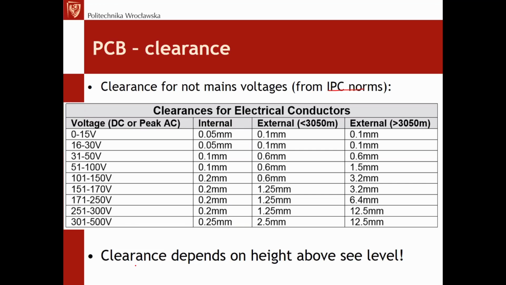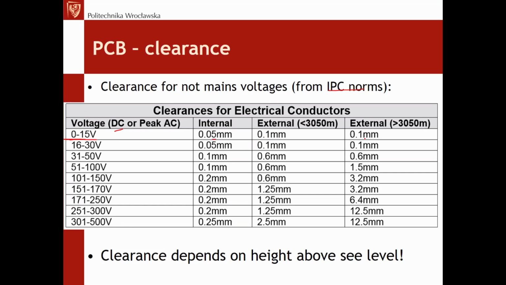There are special norms for non-mains, so for DC, where the norms are a bit softer. From 0 to 15 volts, on the internal layers, there should be clearances of 50 micrometers at least.